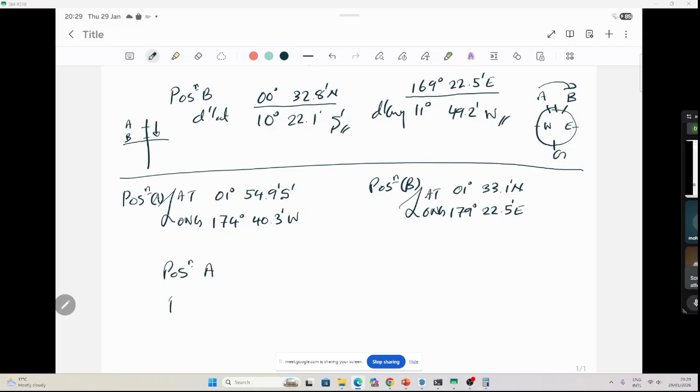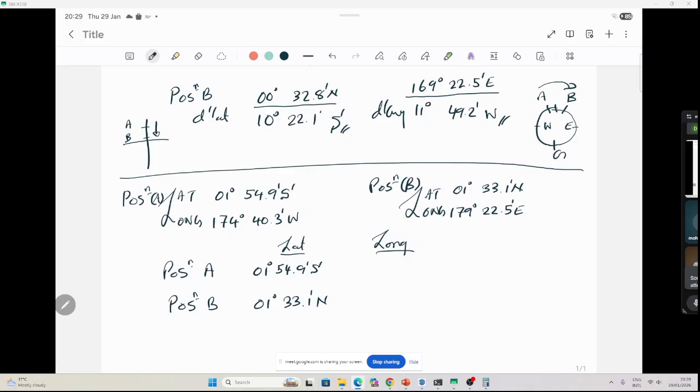Position A, position B. Position A, latitude 1 degrees, 54.9 minutes south. Position B, latitude is 1 degrees, 33.1 minutes north.